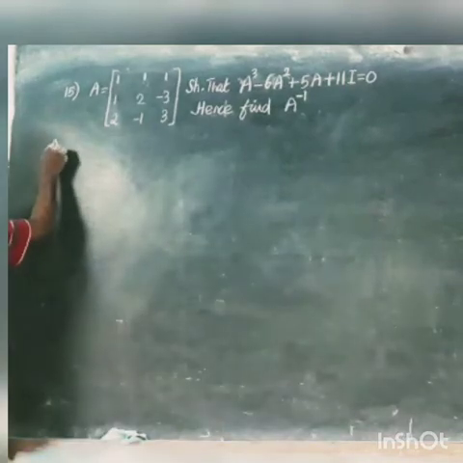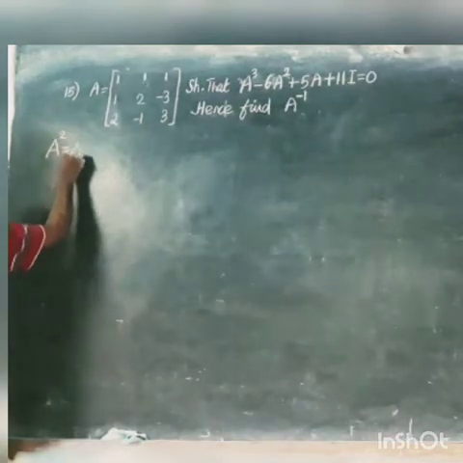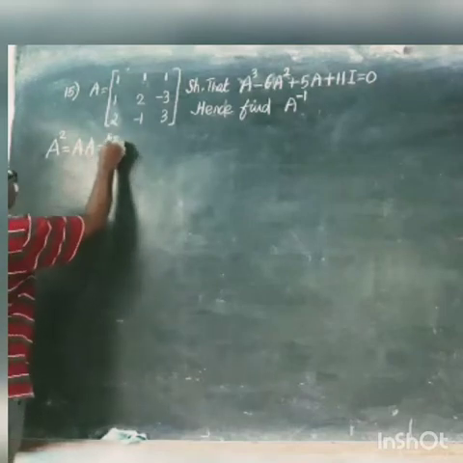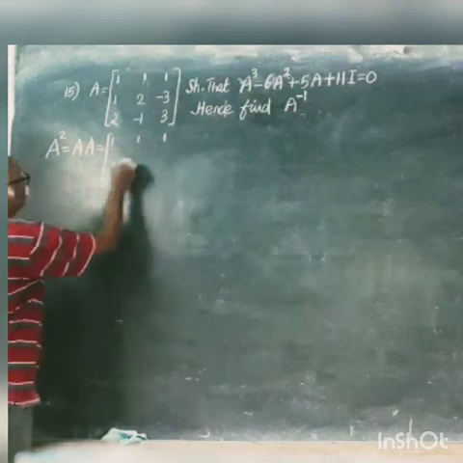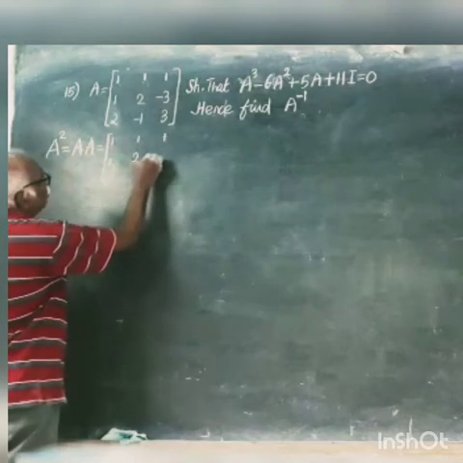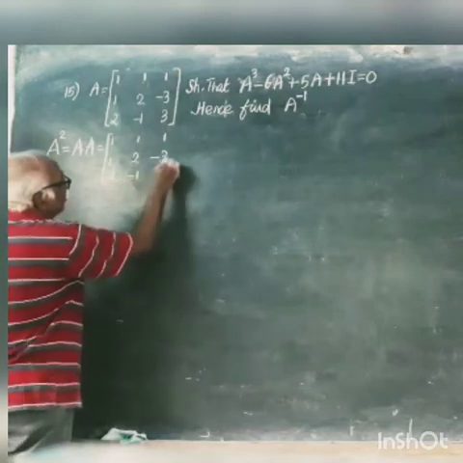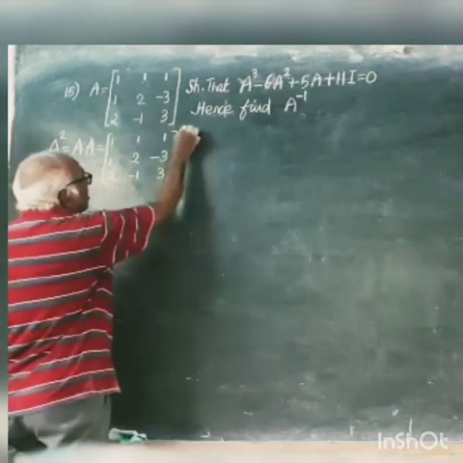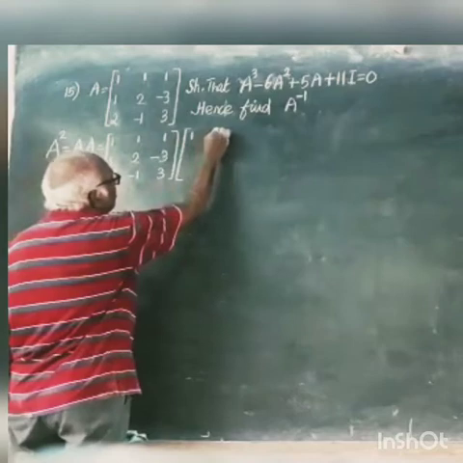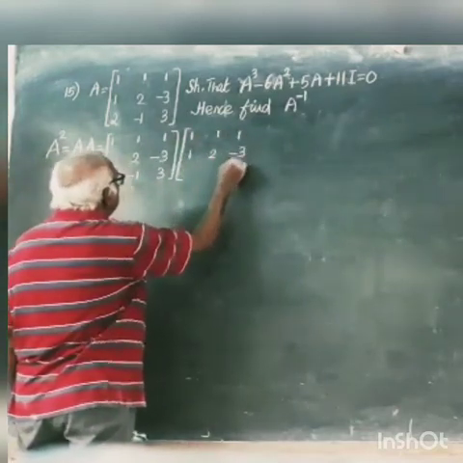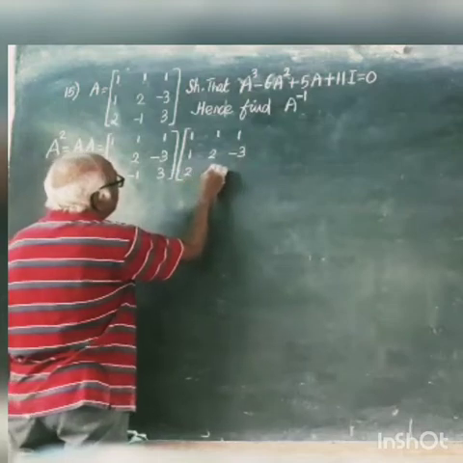A square equal to A into A, [1, 1, 1; 1, 2, -3; 2, -1, 3] into again [1, 1, 1; 1, 2, -3; 2, -1, 3].